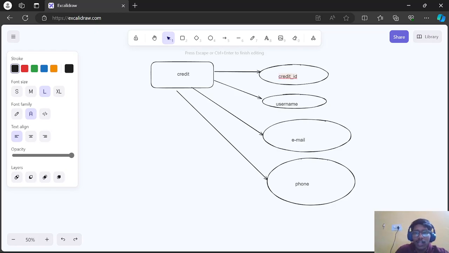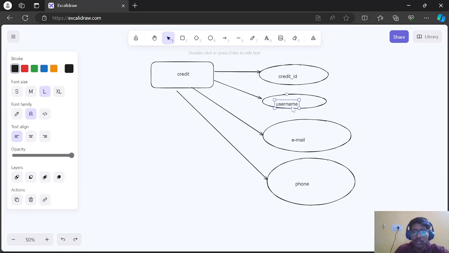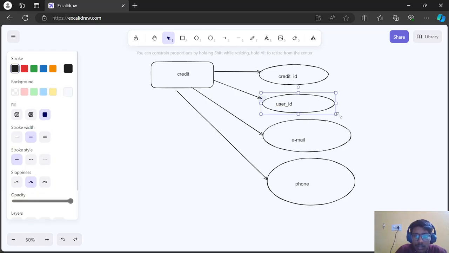A credit ID is different for every user, which makes it a primary key, and it records the credit in the database. Next would be the user ID, which allows retrieval of the credit information associated with the user.